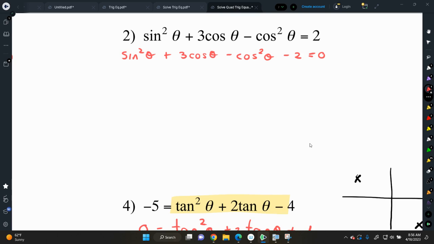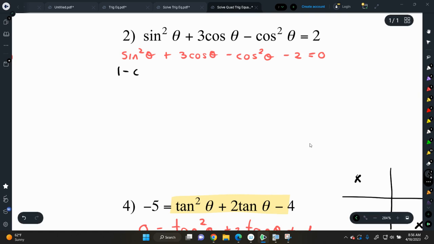What's next? Morgan, what did you do next? You changed the sine squared theta to 1 minus cosine. Excellent, yes. So, Annalie, why did we choose to change the sine squared instead of the cosine squared?